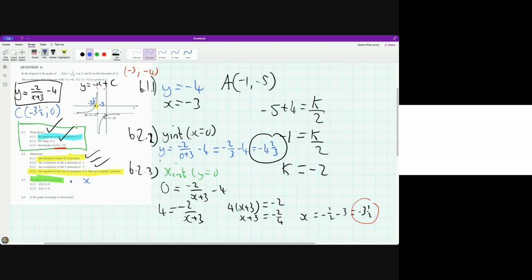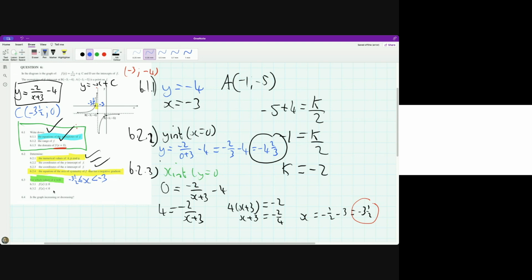Now it says greater than or equal to, so this is going to be like this. And x must be less than minus 3. The reason it excludes equal to is there's an asymptote here. But on the other side, there's no asymptote, and there is an equals to sign here. And so the answer would be x is less than minus 3, but greater than or equal to minus 3.5.